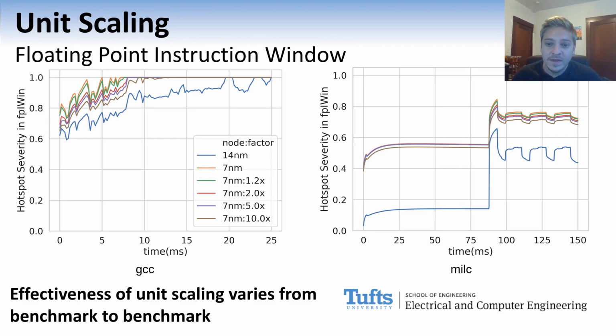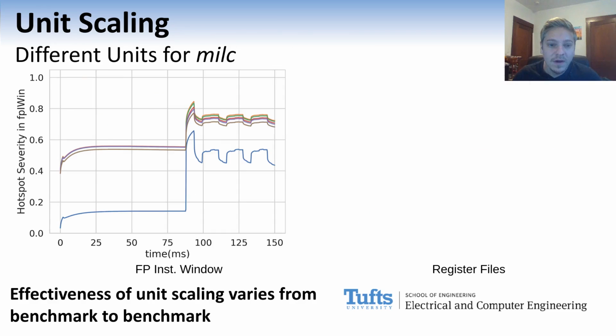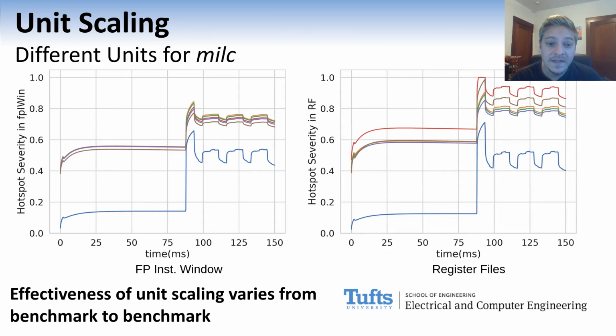Now, just to show you that it's not milc itself that's the problem, I've shown scaling different units for milc here. On the left is scaling the floating point instruction window that we talked about on the previous slide, and on the right, instead, we're scaling the register files. As you can tell, when we scale the register files, we have a much larger decrease in the hotspot severity, which is what we're aiming to do with our mitigation technique.